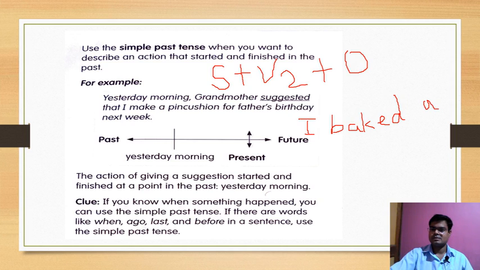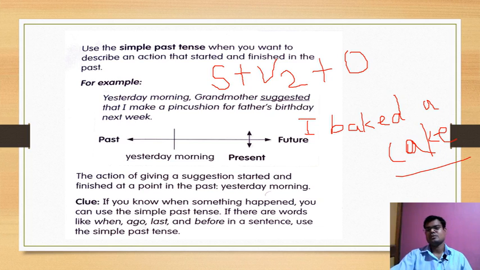I baked a cake. Here I is the subject, baked is the verb second form, and a cake is the object. So this is the simple formula of simple past tense, correct?